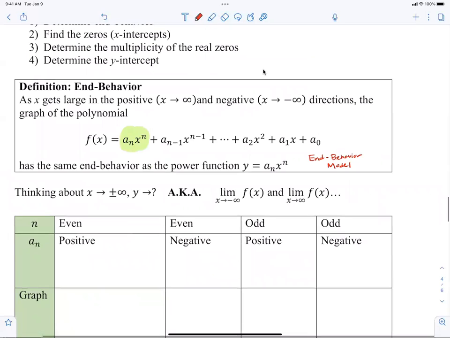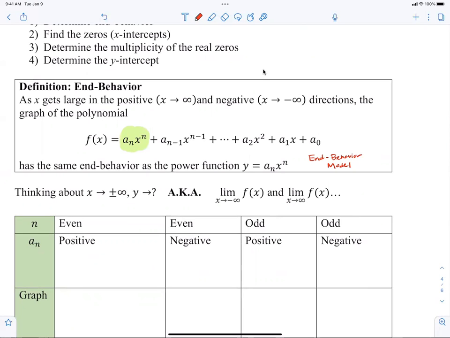So always thinking, now there's a little cheat shortcut set of rules that you can memorize for determining end behavior of a polynomial function. That's fine if you have those memorized, just to be fast with determining the end behavior.